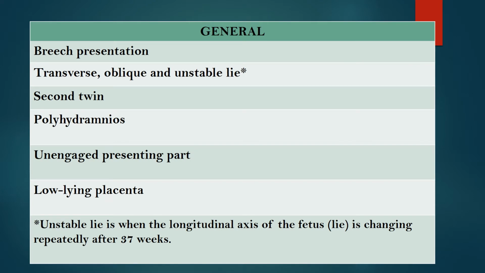Transverse, oblique, and unstable lie. Second twin. Polyhydramnios. Unengaged presenting part. Low-lying placenta. Unstable lie is when the longitudinal axis of the fetus lie is changing repeatedly after 37 weeks.